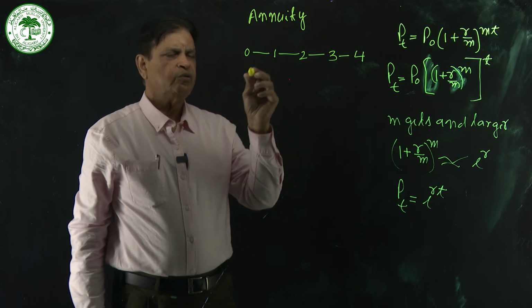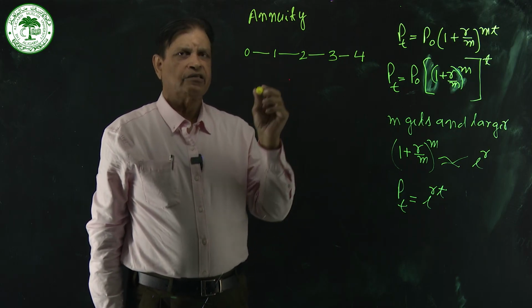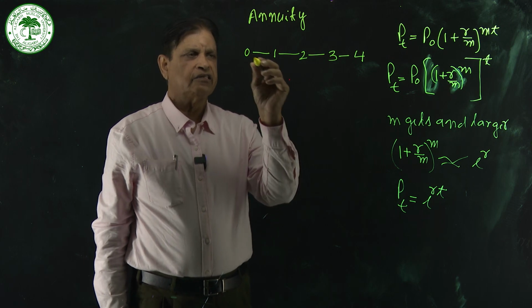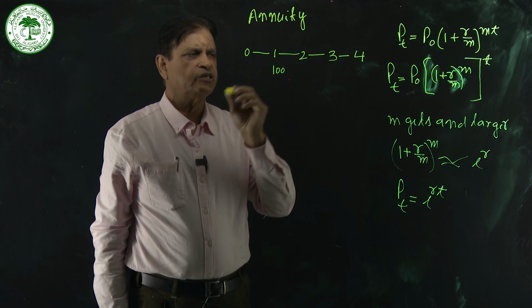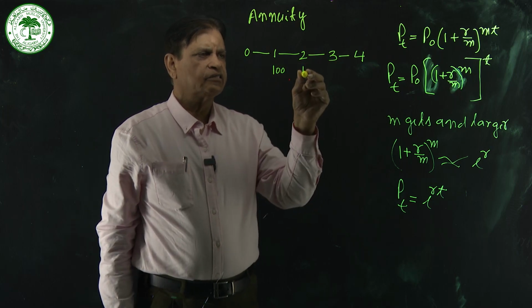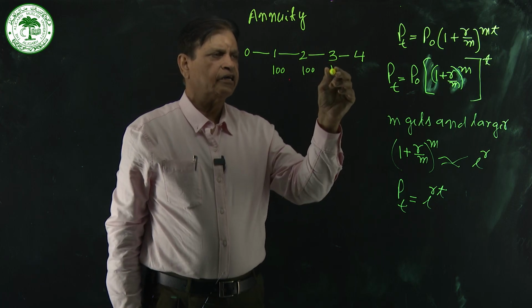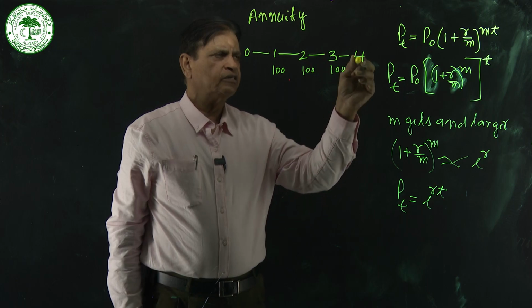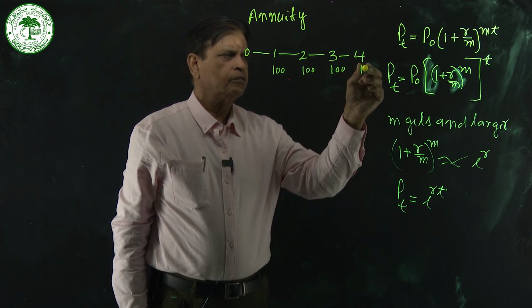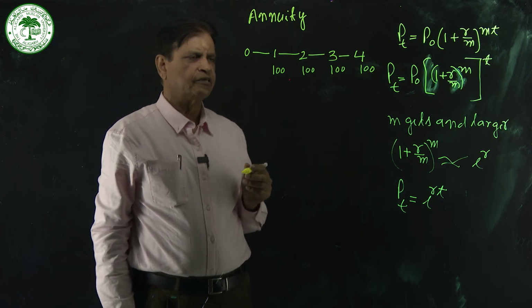We will deposit the money at the end of the year. At the end of the first year, I'll deposit 100 rupees. At the end of the second year, again 100 rupees. At the end of the third year, also 100 rupees. And at the end of the fourth year, the last year, we will also deposit rupees 100.